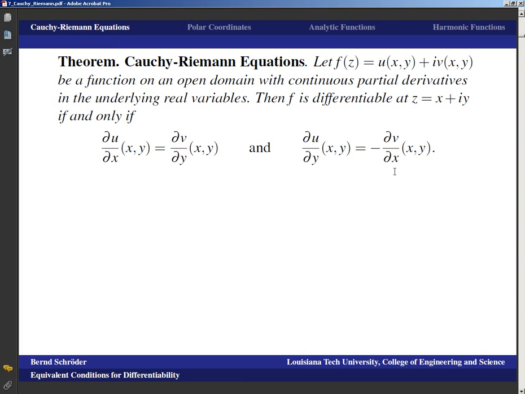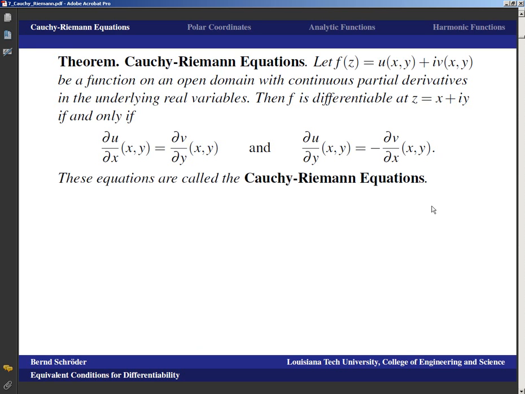Now remember, partial derivatives work just like regular derivatives, only that you leave the other variable constant. So the partial derivative of u with respect to x is just a derivative in x where we pretend that y is a constant. The partial derivative of v with respect to y is a derivative in y where we pretend that x is a constant, and so on.